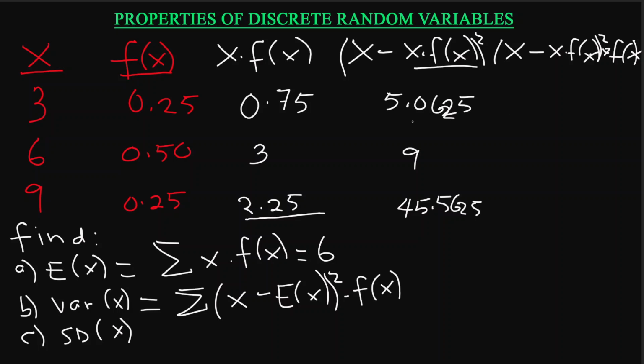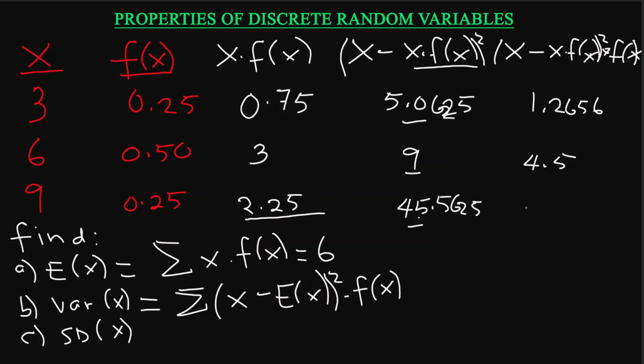So let's do that calculation. We take our values in this column and multiply them by f of x. 0.25 times 5.0625 gives us 1.2656. The next one, 9 times 0.5, gives us 4.5.